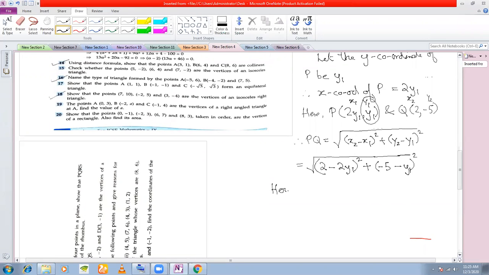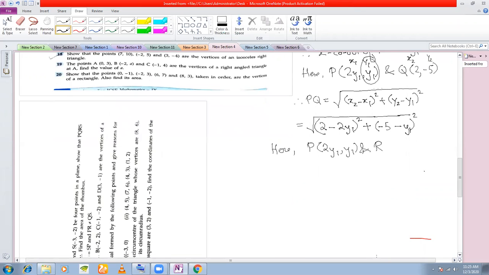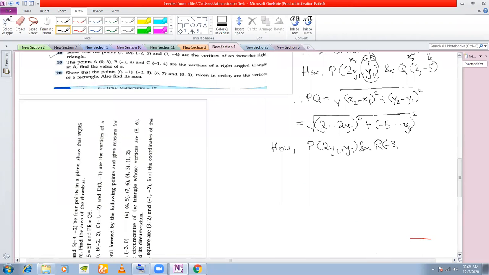Now we proceed to find out the distance PR. Coordinates of P is 2y1 comma y1, and the coordinates of R are given to be minus 3, 6. Therefore, PR again is root over of x2 minus x1 whole square plus y2 minus y1 whole square.